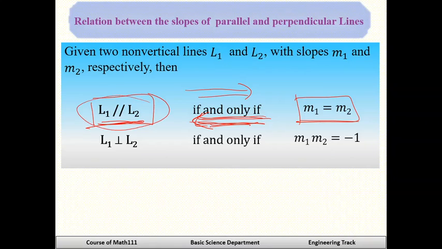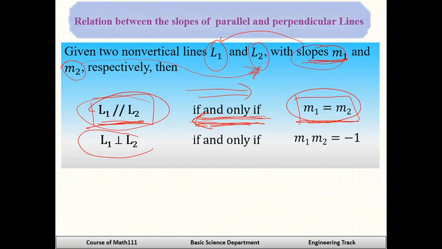So if they are parallel, it means their slopes are the same. L1 has slope M1 and L2 has slope M2. These are the names of the lines: line 1, line 2. M1 is the slope corresponding to line L1, and M2 is the slope of line 2.